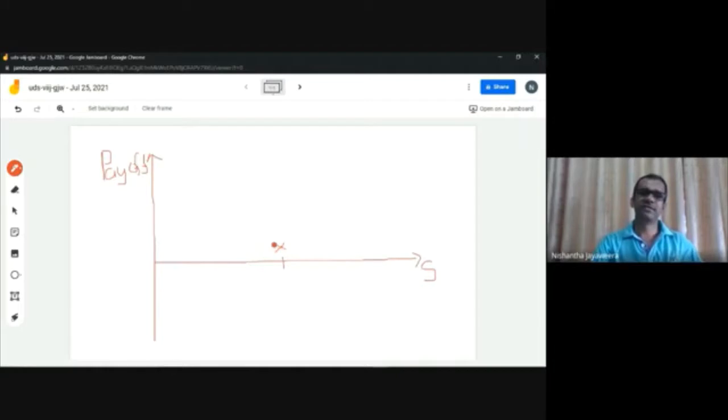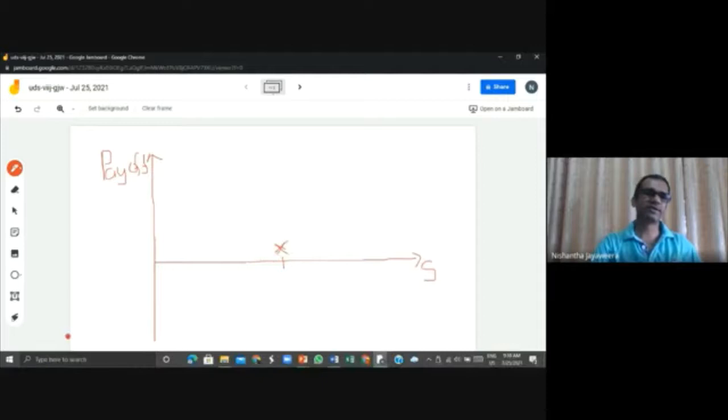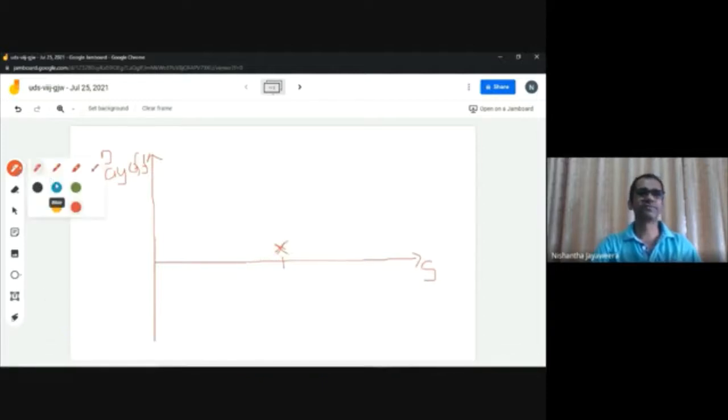If the spot price is equal to the strike price on the expiry date, what would happen? Either you exercise or not, it doesn't matter. You don't get anything. Correct?